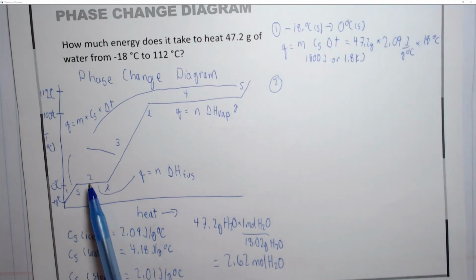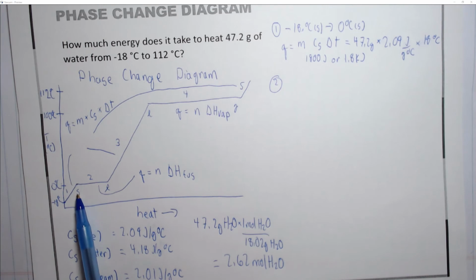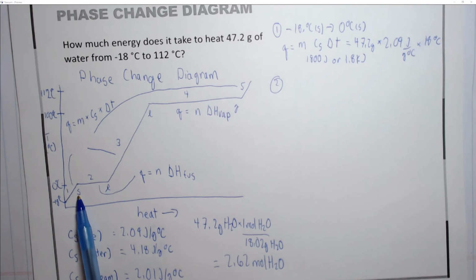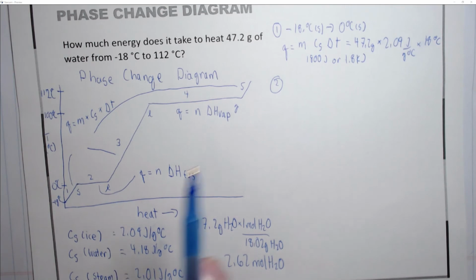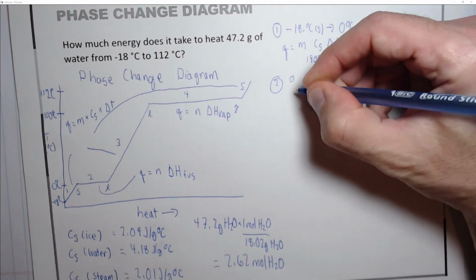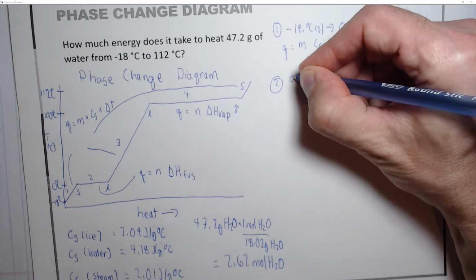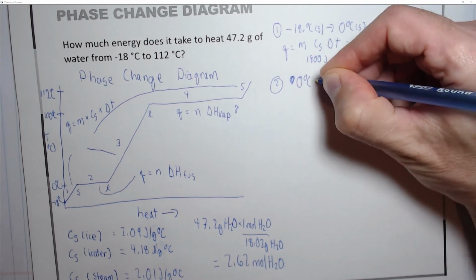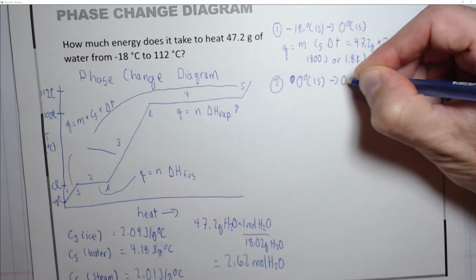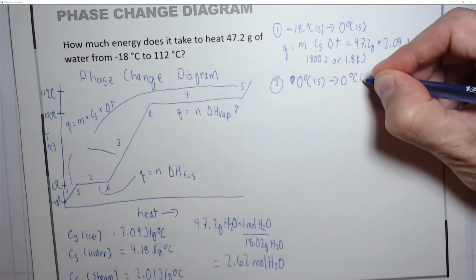Segment 2. In segment 2, we are not changing temperature. We're going from solid ice to liquid water. Specifically, we're going from 0 degrees C solid to 0 degrees C liquid.